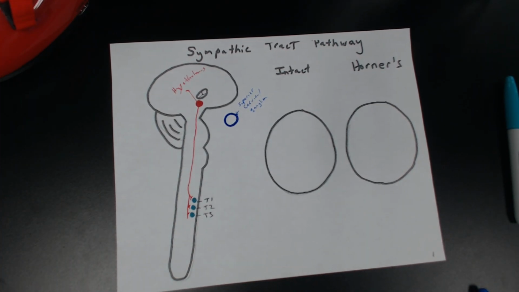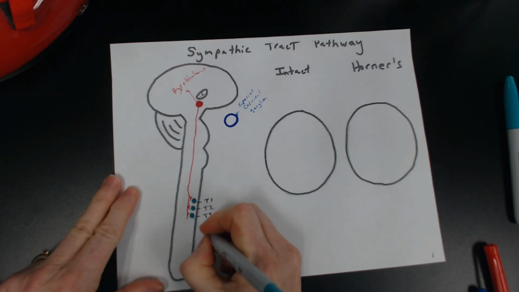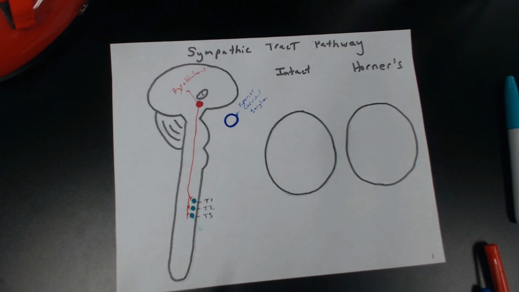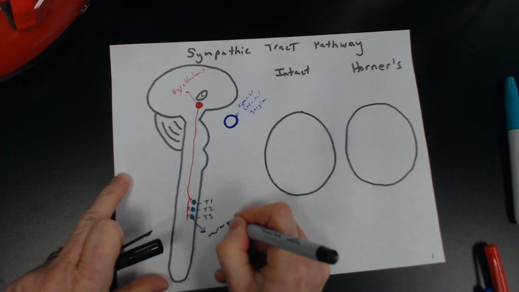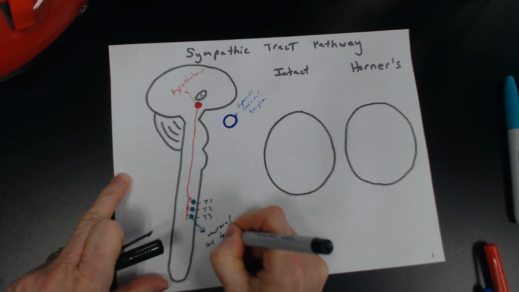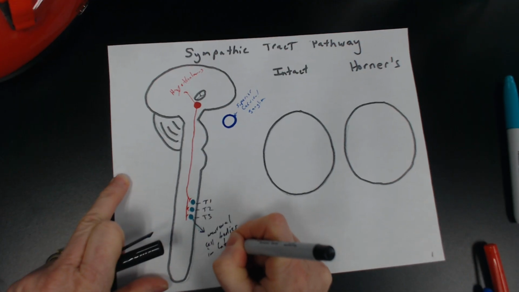Those spinal cord levels. Okay, I'll label that. These are specifically neuronal cell bodies in the lateral gray horn.